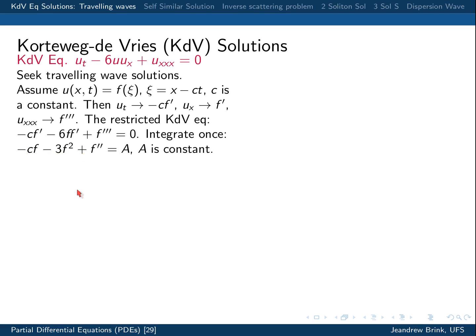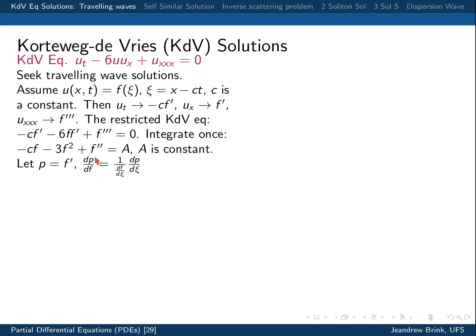To proceed further, we can use a trick that I may have mentioned before, but that I'll review again in detail here just for purposes of clarity. And this method you can apply whenever the differential equation does not have an explicit dependence on the independent variable, in this case xi. Okay, so what we're going to do is we're going to say let p equal df d xi, and then work out the equation for dp df.